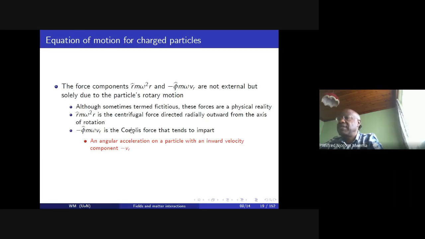And it's different in the northern hemisphere and in the southern hemisphere. It is the reason why we have winds that rotate in different directions, depending on which side of the globe you are on in relation to the equator. So, there is an angular acceleration on a particle with an inward velocity component of minus vr, and an angular deceleration on a particle with an outward velocity of plus vr.